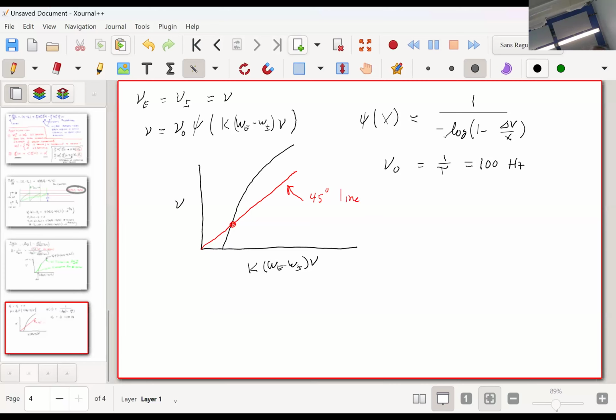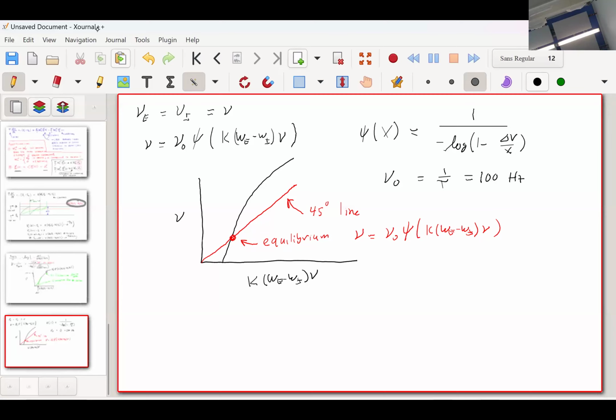And this here is in equilibrium. This is a point where nu, at this point, nu equals nu 0 psi k WE minus WI. Okay?